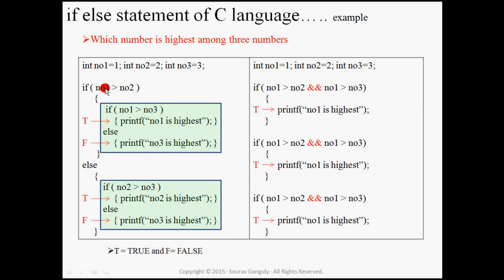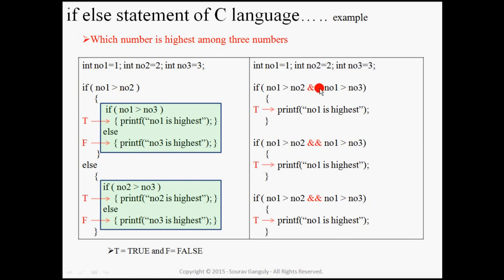And if number 1 greater than number 2 is false, then the else section will execute, and here we will check whether number 2 is greater than number 3 or not. If this condition is true, then we write that number 2 is the highest, else number 3 is the highest. We can replace these things with this AND operation.